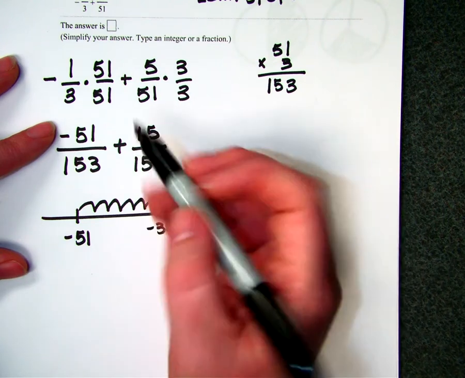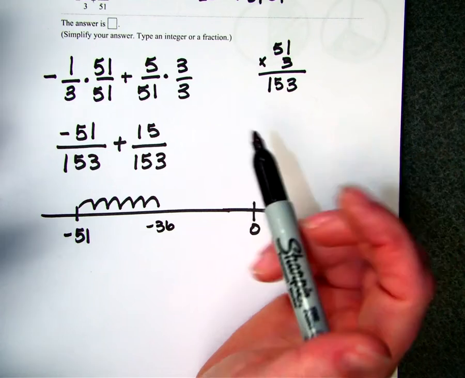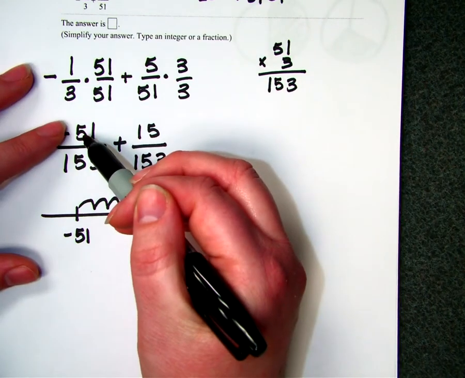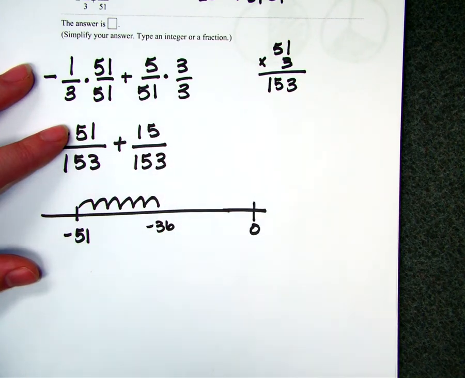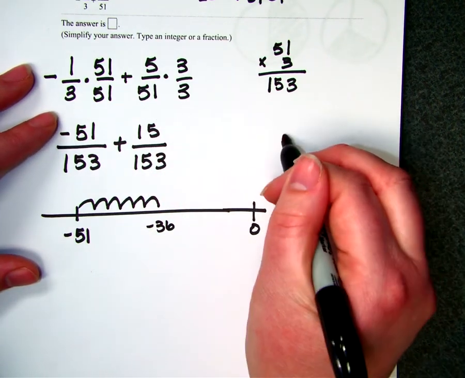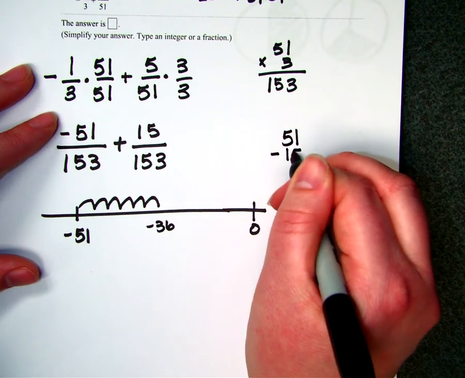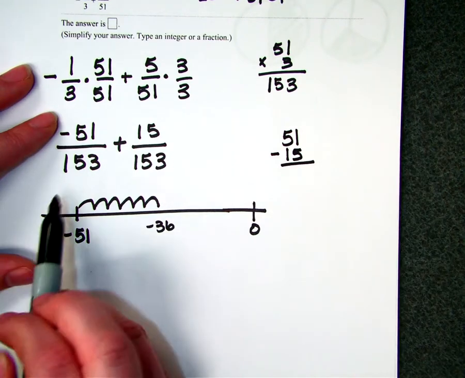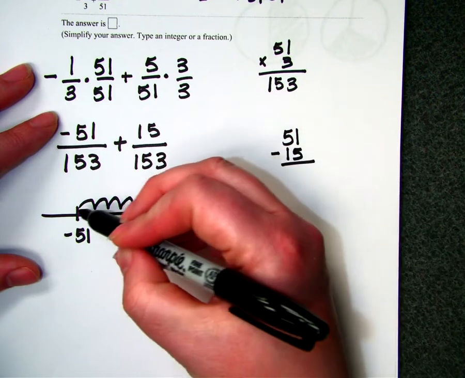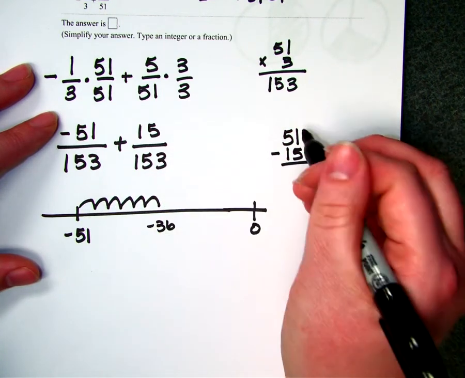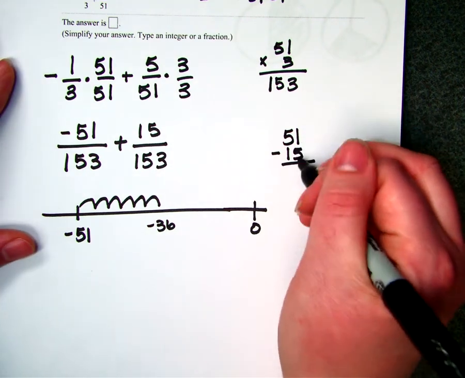Okay? So really, if you wanted to, you could change this up a little bit, not sign-wise, but just to help you figure out what that number is. You could do negative 51, and you could make hops over to negative 36 on a number line, or you could do 51 minus 15. And the reason I'm saying minus is because as we move from the negative numbers over to the right side towards 0, our numbers are actually decreasing. So we know we're still going to be on the negative side of 0.